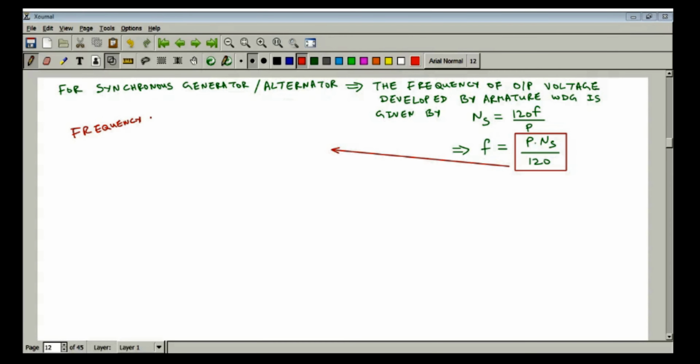So the frequency of output voltage developed by the armature winding depends on two factors.